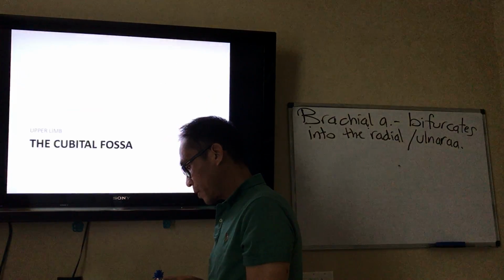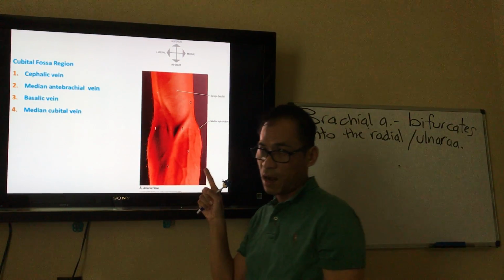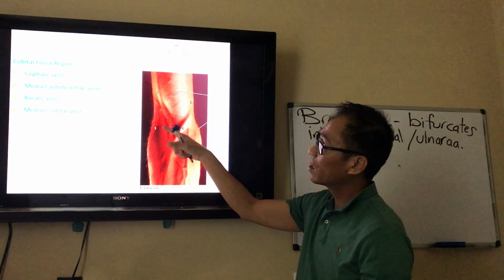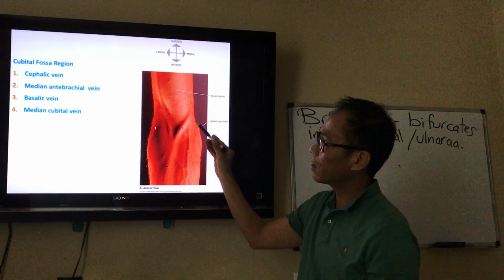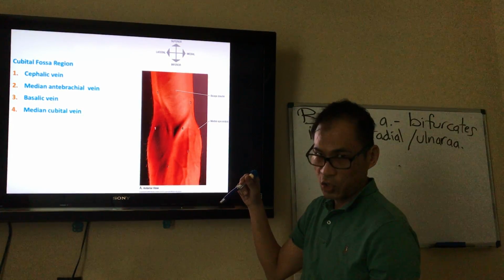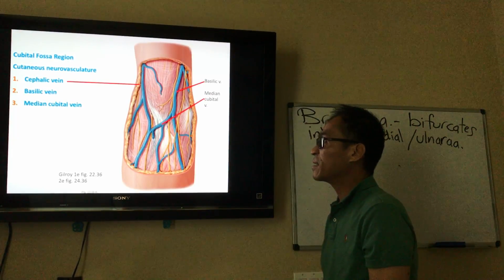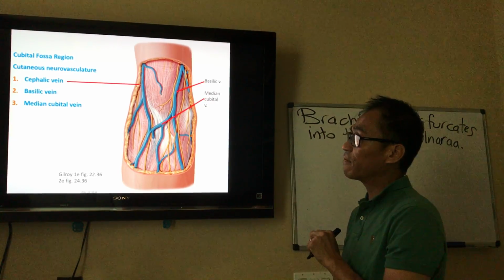I do have some pictures of the cubital fossa. If you just look at this region with the skin on, we can kind of see superficially the cephalic, basilic, and median cubital veins, just under the skin. If you remove the skin and dissect them, you can see those three again, just in the ACF.